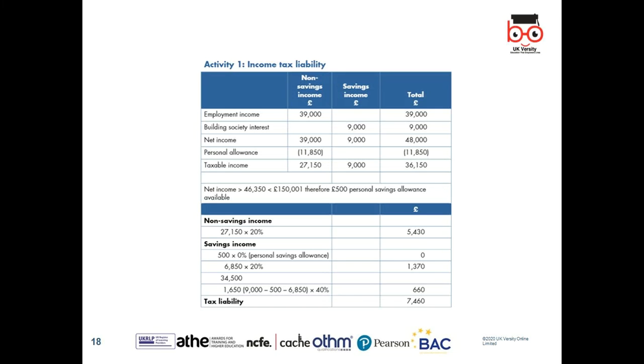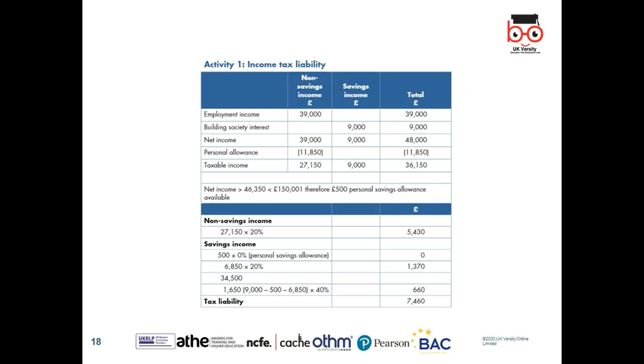Then we have 11,850, which was the personal allowance in previous years. My taxable income from employment is 27,150, because I have used my allowance against employment. Then I have the 9,000, so my income after my personal allowance is 36,150.